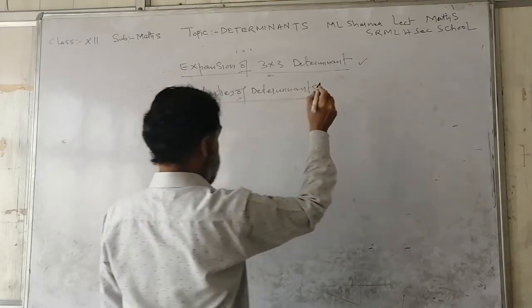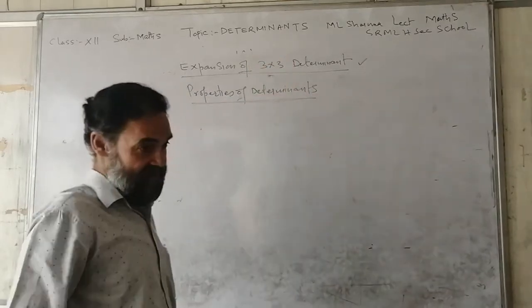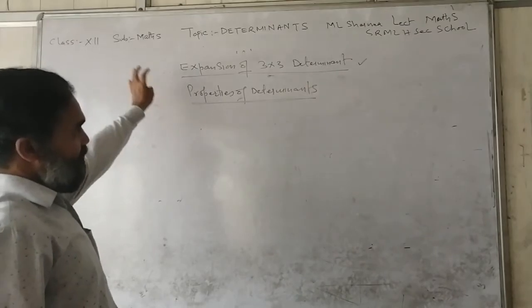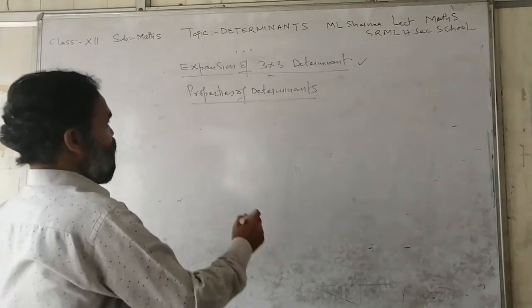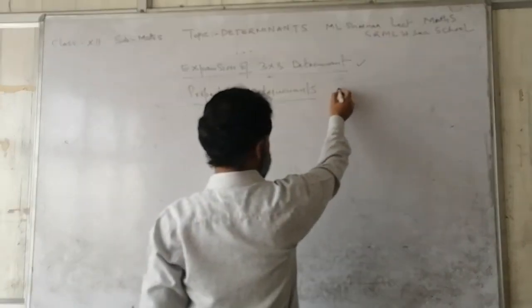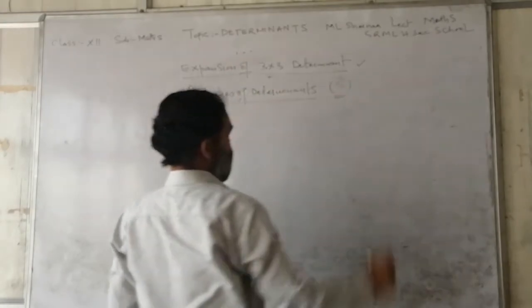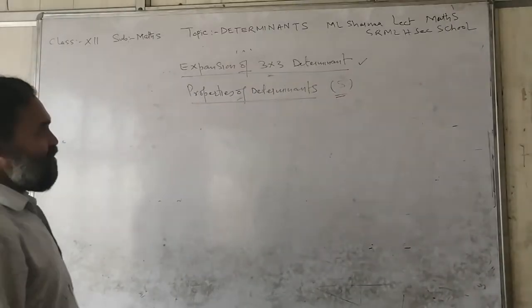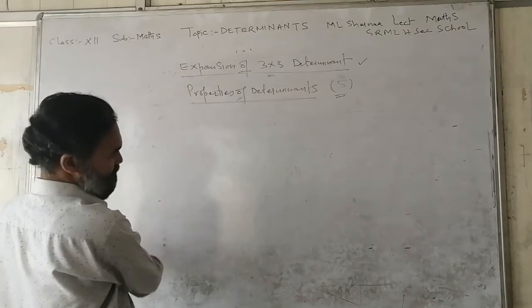These are very important properties for calculating the value of a determinant. So there are 5 properties, and you should know these 5 properties. Now what are these properties of determinant?